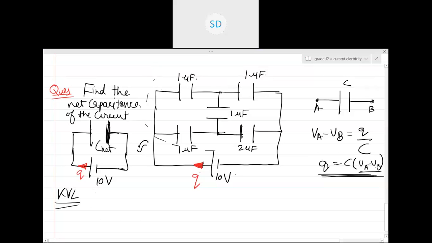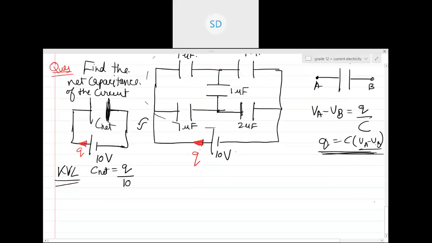And then ultimately what will you do? C net will be equal to Q divided by 10. So once you find out the value of Q, just divide it by 10 and you will get your answer. Is it clear? Okay, let's start.